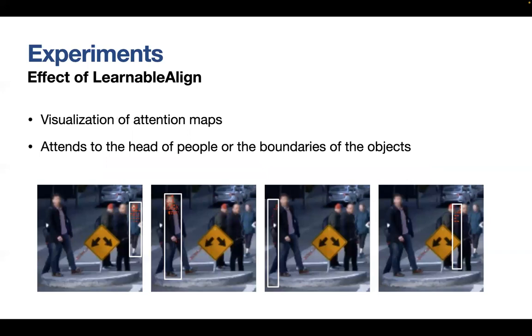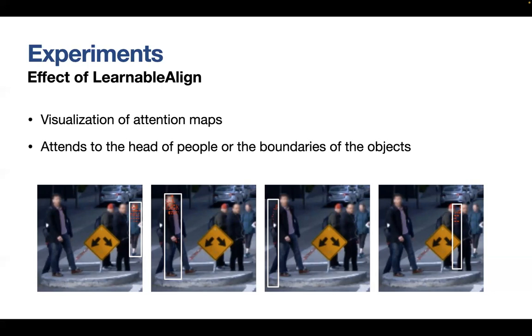We can also try to see the effect of learnable align. These are some attention maps for some LiDAR pillars. This is just an area of LiDAR, and we see which pixels these points are attending to.